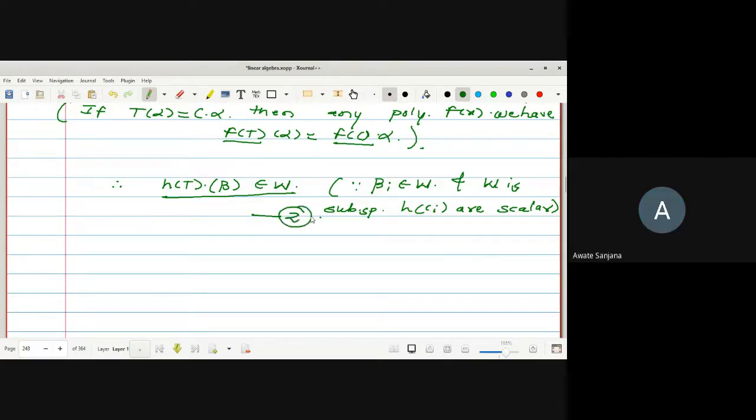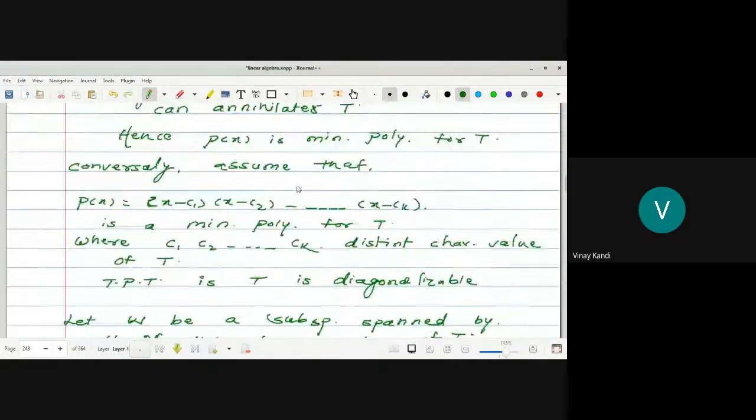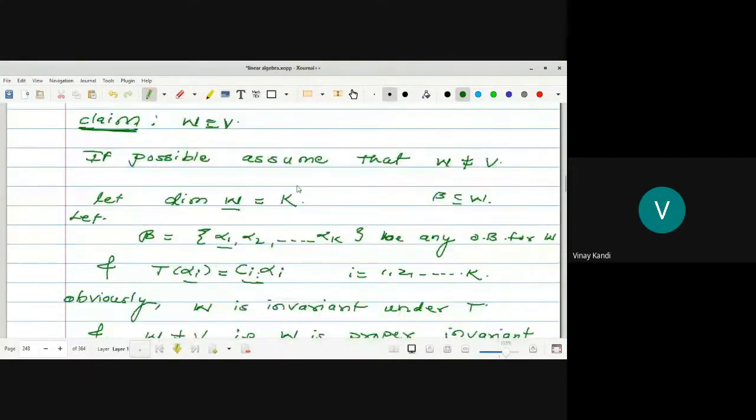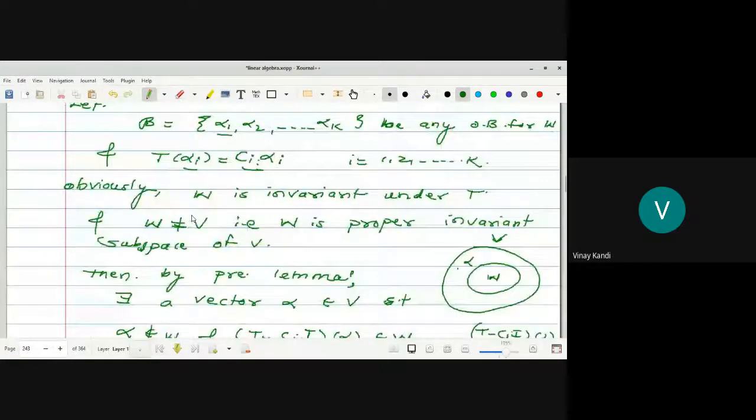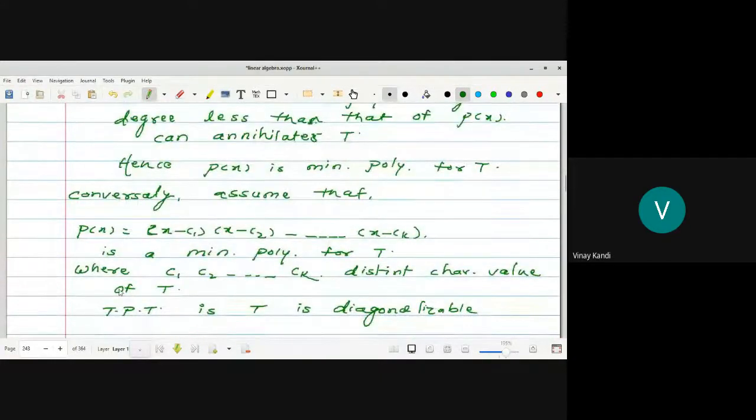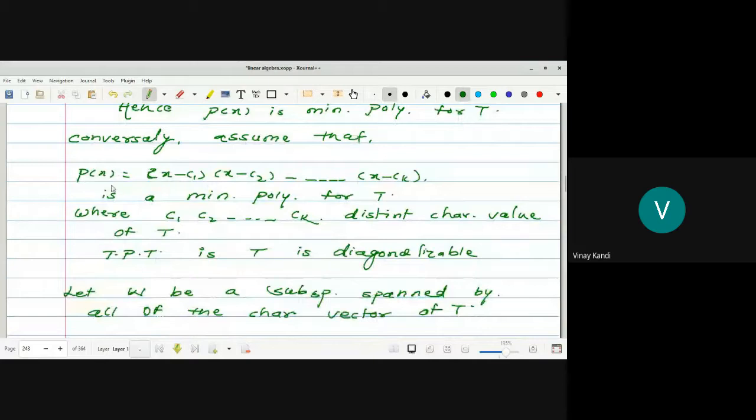Okay. No, sir. What is p of x? In the converse part, what is p of x? x minus c1, x minus c2, up to x minus ck. Okay, now look at it.